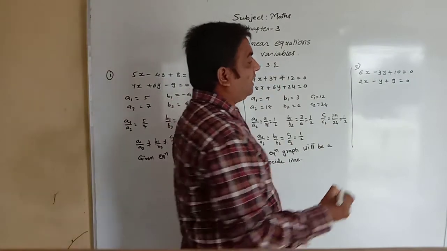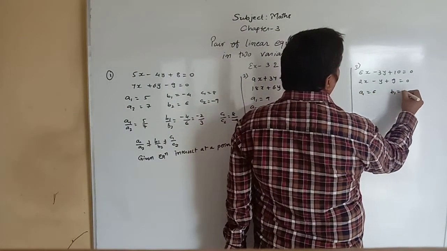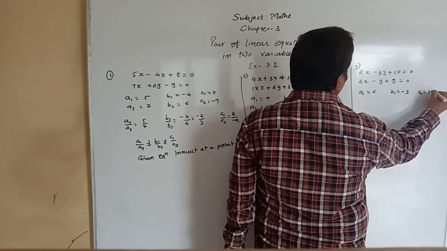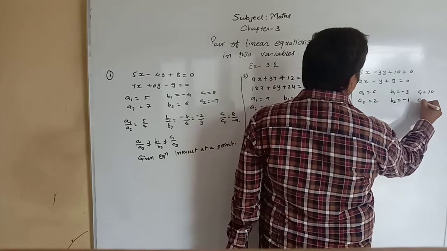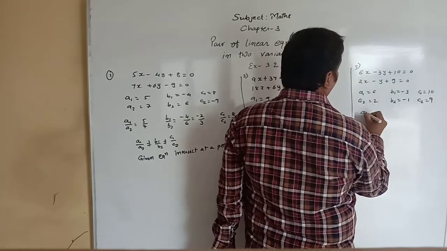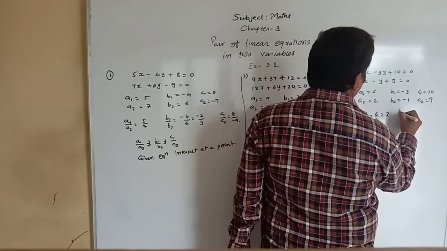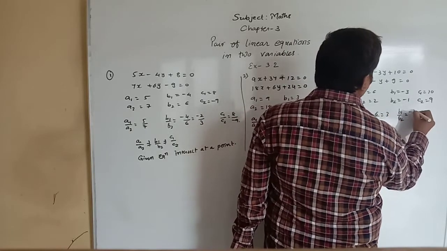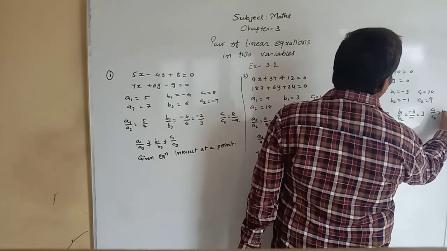So here we write a1 equals 6, b1 equals minus 3, c1 equals 10, a2 equals 2, b2 equals minus 1, c2 equals 9. So a1 by a2, 6 by 2 equals 3, b1 by b2, minus 3 by minus 1 equals 3, and c1 by c2 equals 10 by 9.